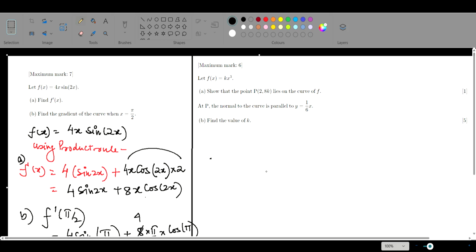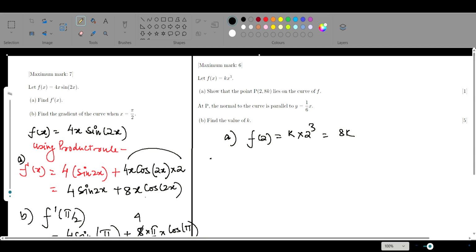The first one is very direct, where you substitute the value of 2 for x and get the value for y. So it's k times 2 cubed, which means it is 8k.